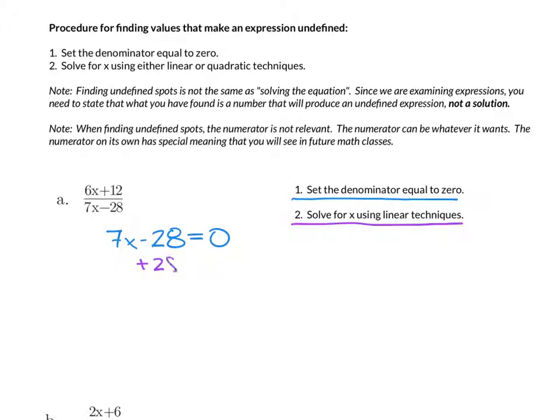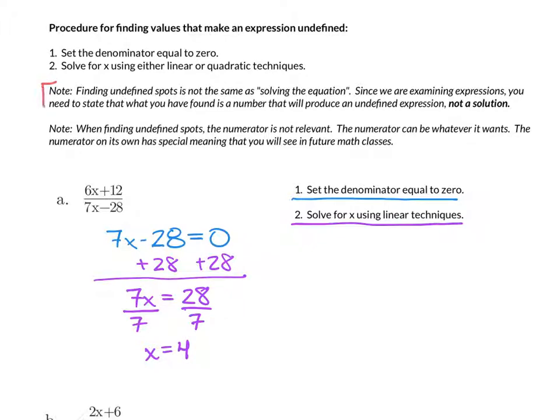This will involve adding 28 to both sides. Then we can divide by 7. The result is x equals 4.